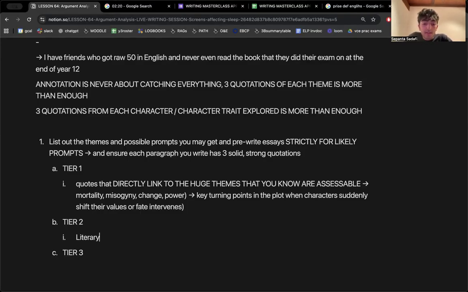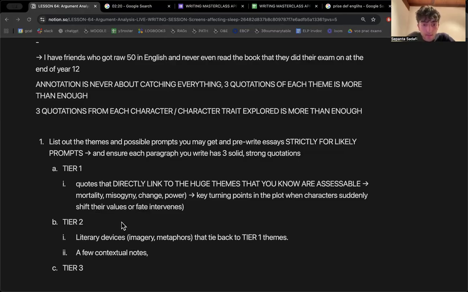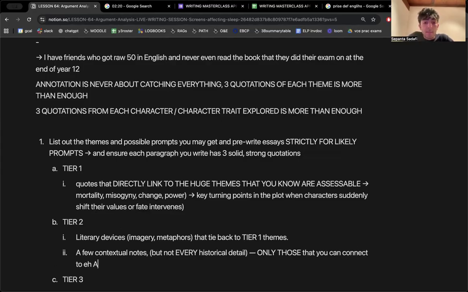These are literary devices, okay? Imagery and metaphors that tie back to tier one themes, okay? That's going to include a few contextual notes, okay? But not every historical detail, okay? Only those that you can connect to the above key themes and prompts, okay?